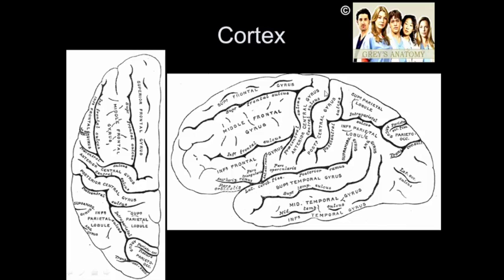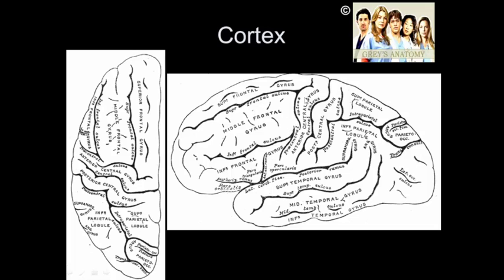In front of the pre-central gyrus there is the pre-central sulcus. The central sulcus and also the pre- and post-central sulci run medial to lateral, you see?